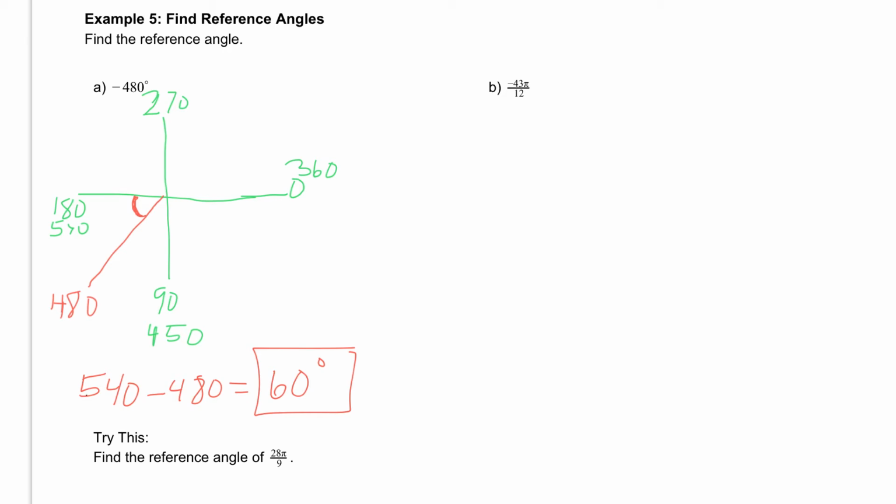So let's go ahead and plot negative 43 pi over 12 and figure out where that's at. So we're also going in the negative direction, so the opposite way. So we start with 0. And remember, this is pi over 2, or negative pi over 2, which is the same as 6 pi over 12. So just make the conversion in terms of whatever the denominator is of the one you start with.